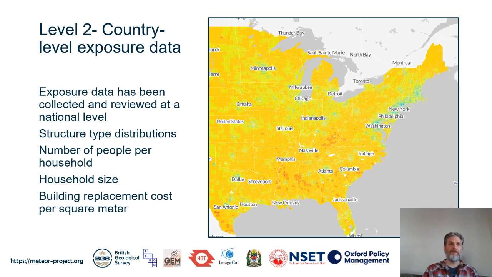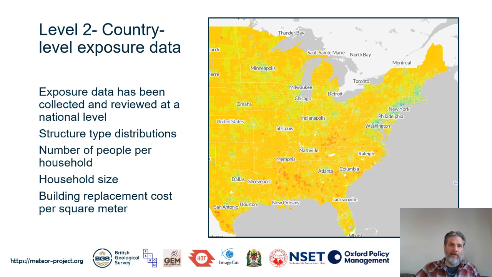Level 2 is country-specific exposure data. A good example is displayed on the right. That's actually the HAZUS data, the HAZUS US database behind the FEMA product. It's when you've collected all of the data, the best data that's available at each point in the exposure development process at the country level, and bake that into the best level 2 exposure database that you can.